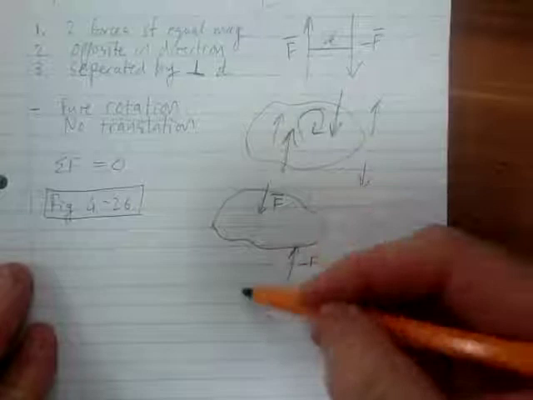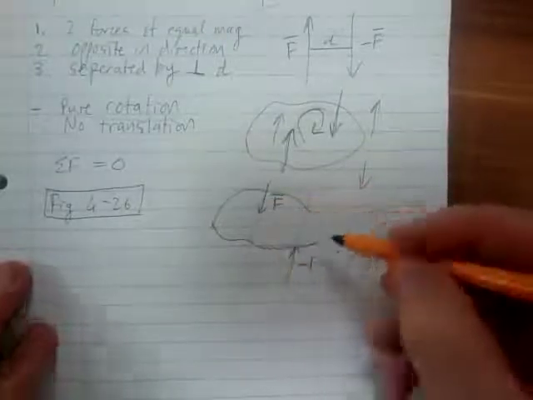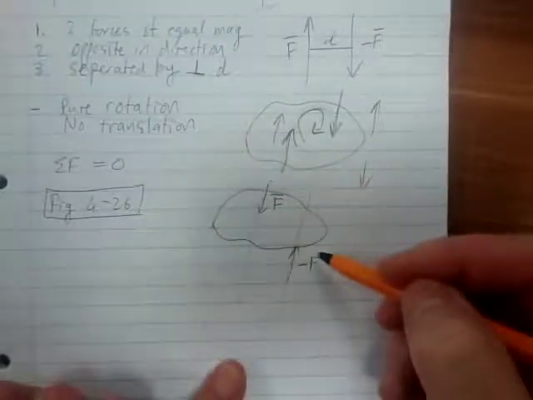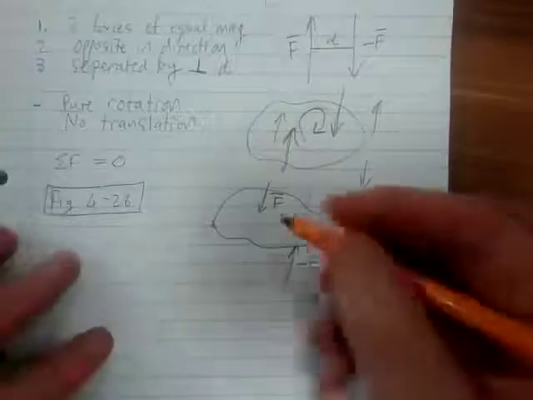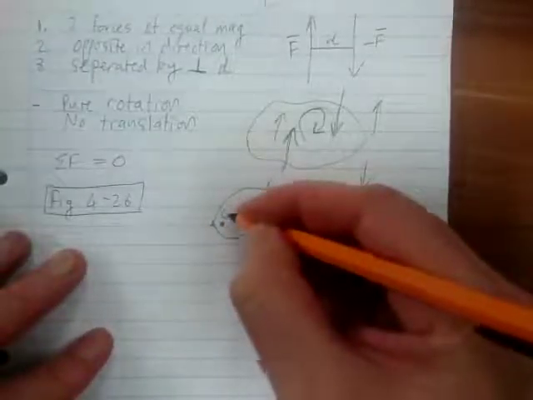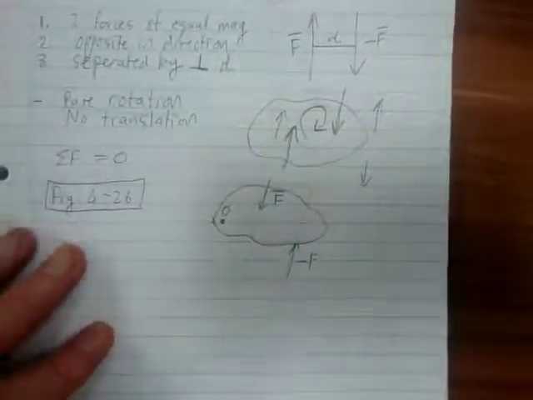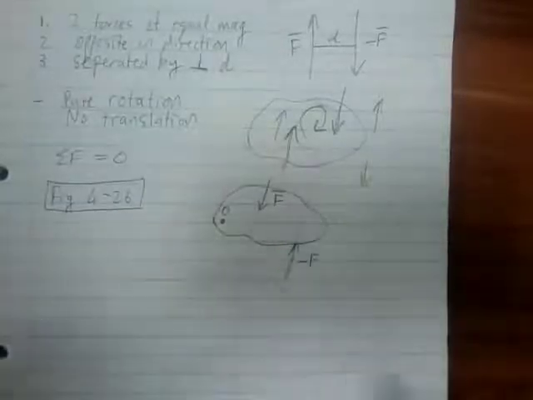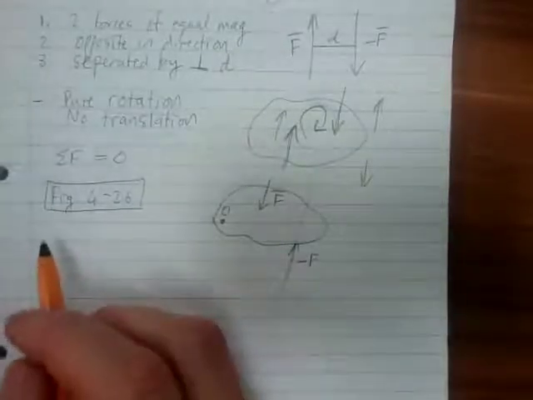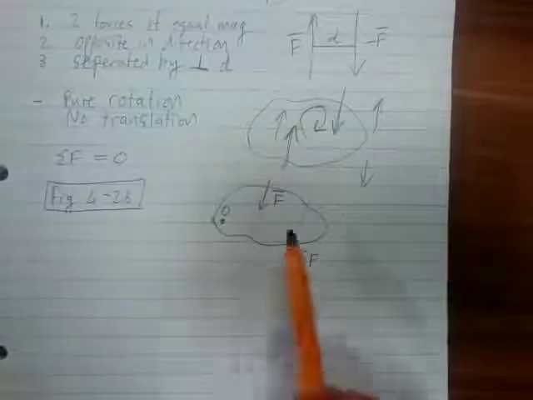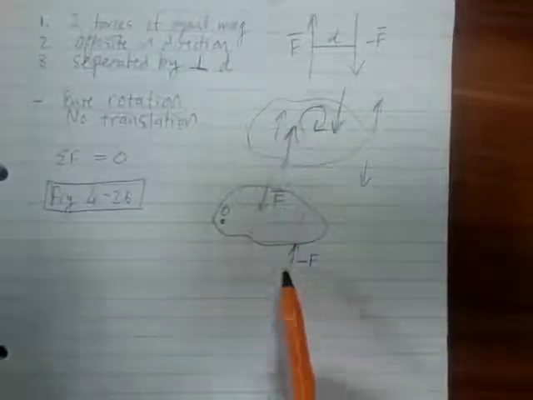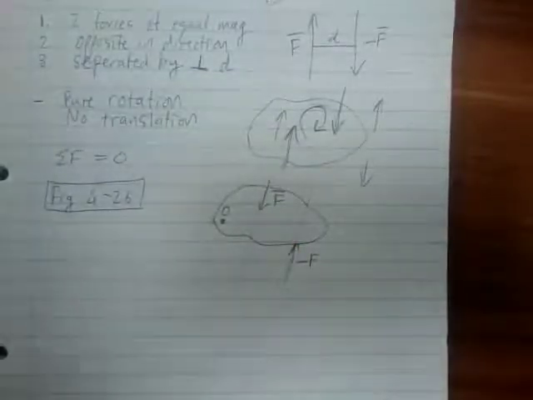They're opposite in direction, they're parallel, and they're separated by a perpendicular distance. What if we take moments about a point O? Remember what we did in the previous chapters: we've got two forces and we want to find the resultant moment.